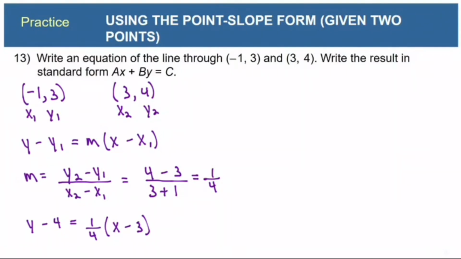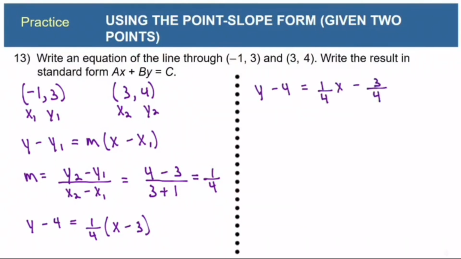Now since we want this in standard form, I know I'm eventually going to need to work this denominator out of the equation. So I'm going to go ahead and distribute this 1/4. 1/4 times x is 1/4 x, and 1/4 times 3 is 3/4.